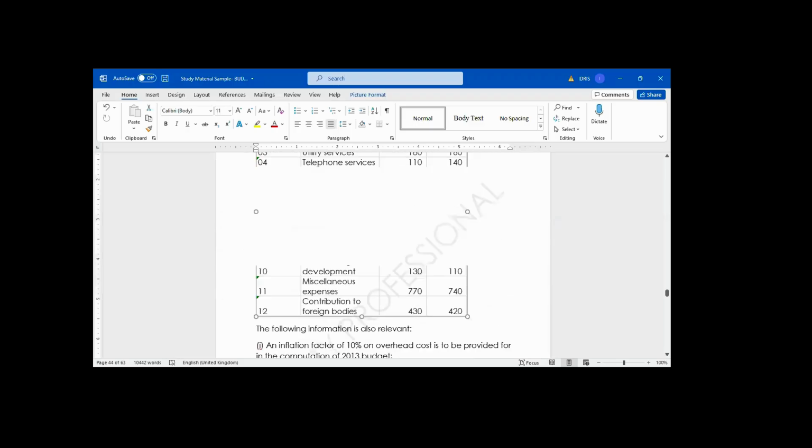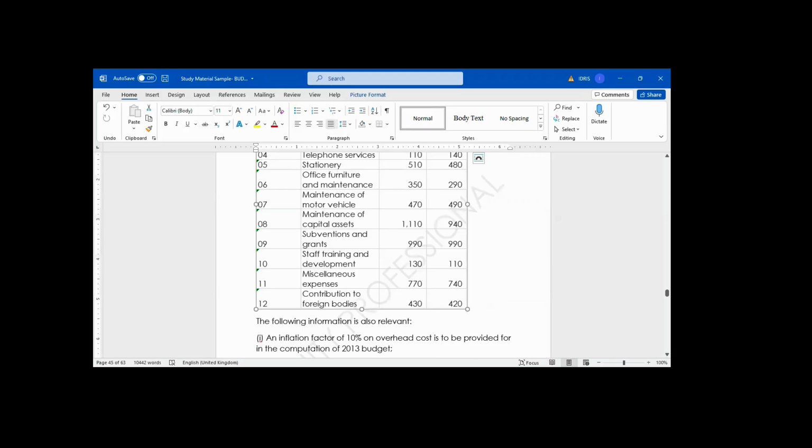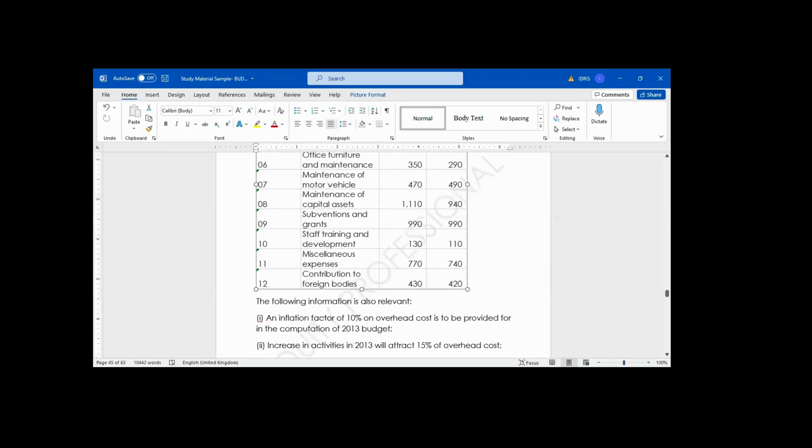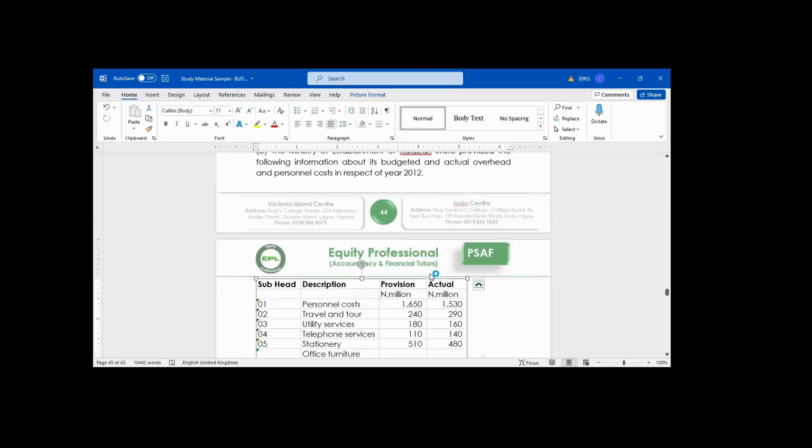Let's go to the note. Ladies and gentlemen, when you are doing budget for government, all these items listed below are recurrent expenditure.